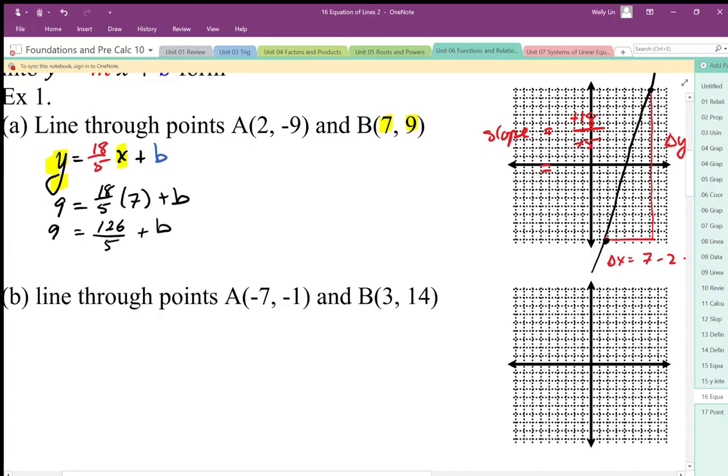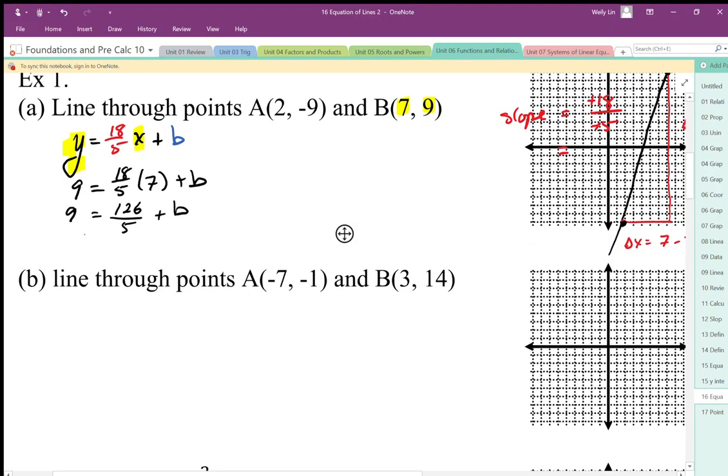Okay, I'm going to subtract 126 over 5 from both sides, so I end up with b is equal to, I need a common denominator, so I'm going to make the 9 into 45 over 5. And then I'm going to subtract 126 over 5. And that gives me a b value of negative 81 over 5.